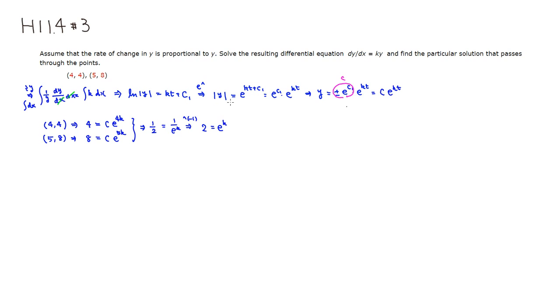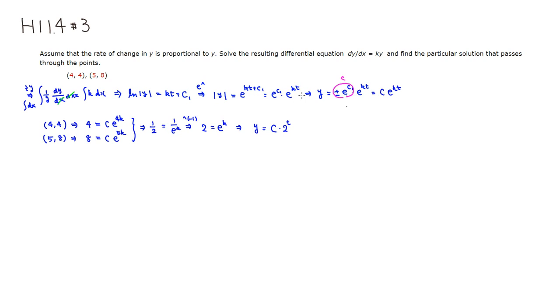So far, we know y is equal to, we still have to find C, but e to the k is actually 2, so I'm going to write it as 2 to the t.